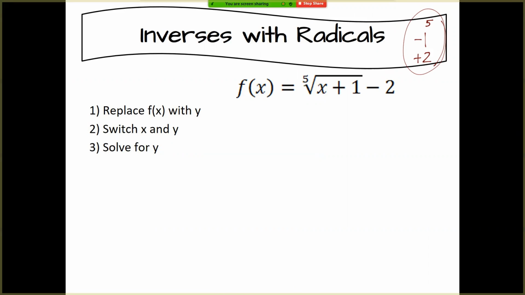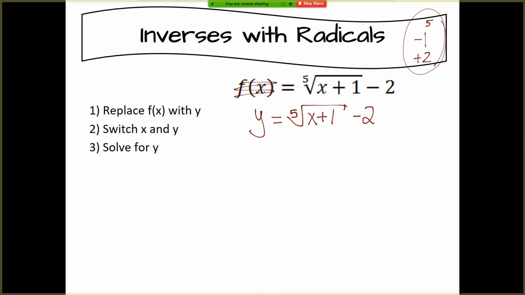So I'm going to work through our same steps. First step, we're going to take f of x out, replace it with y. Again, we can't combine that +1 with the -2 because the +1 is underneath the fifth root and the -2 is not.